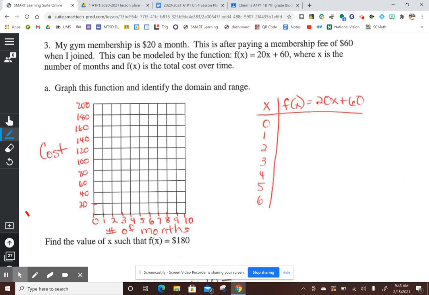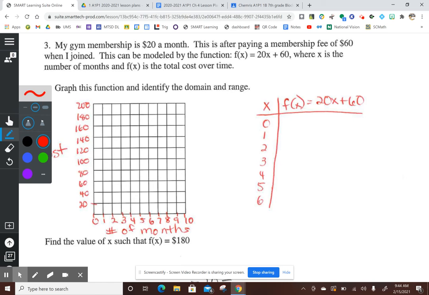Okay, so again, because time, months, always goes on the x-axis, I put the number of months on the x-axis, total cost on the y-axis. Okay. Now, I count my months by 1.